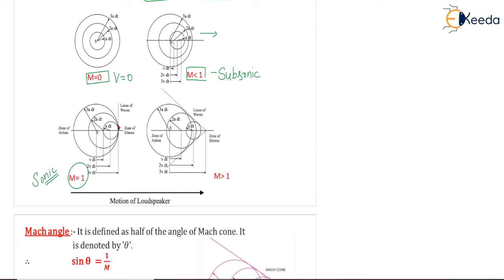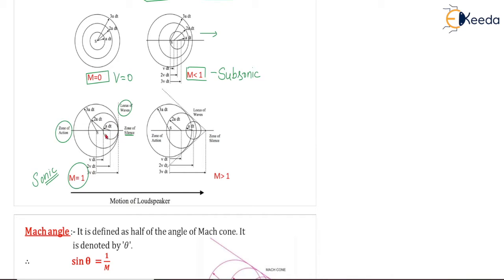So all the circles are touching at a point like a tangent. So this is the locus of waves and the zone of silence. Zone of silence means after this line the sound cannot be heard, and if you are in this zone, called the zone of action, the sound can be heard, because sound has not traveled to the other region.